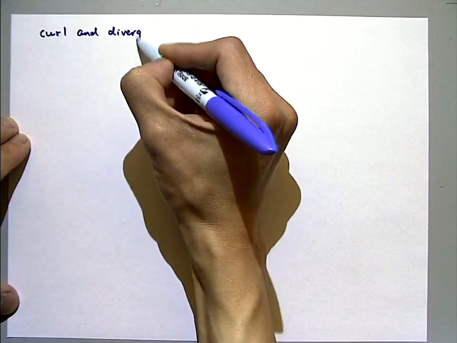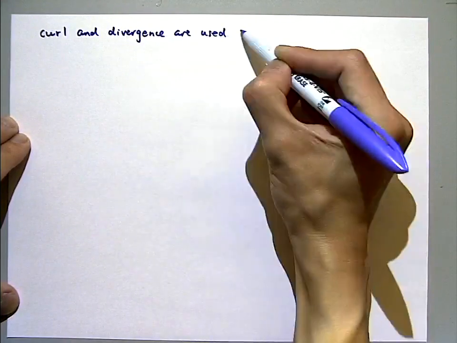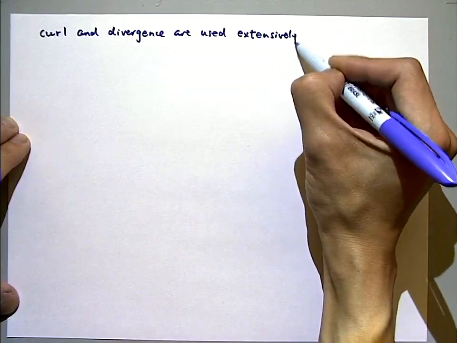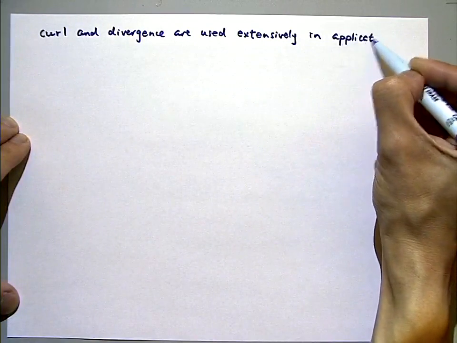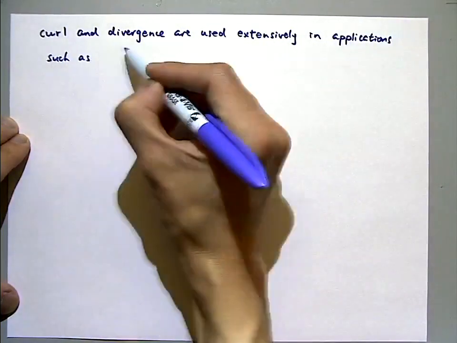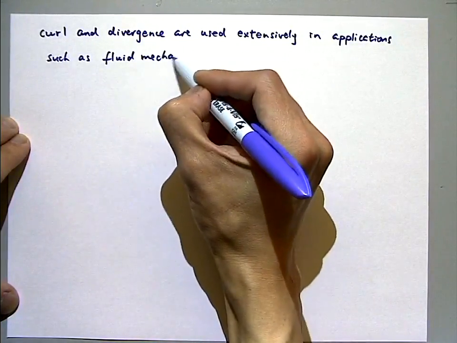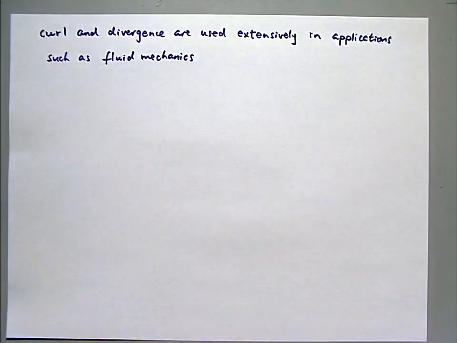Curl and divergence are used extensively in applications such as fluid mechanics. That, of course, applies also to air. Aerodynamics is a part of fluid mechanics.